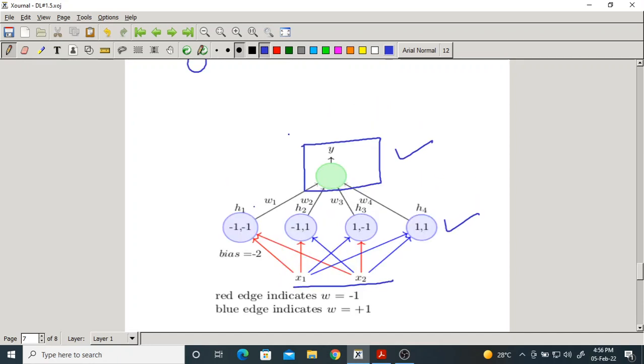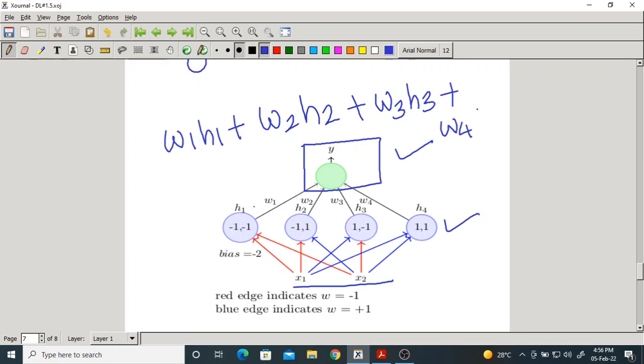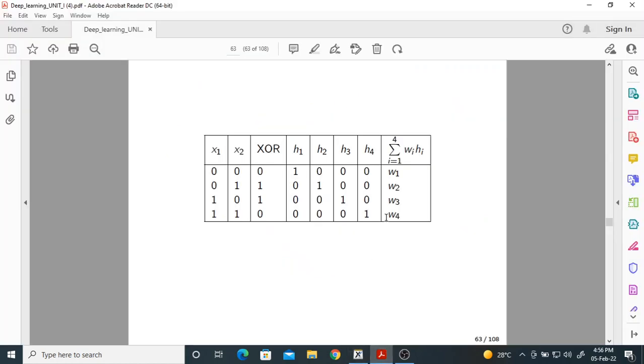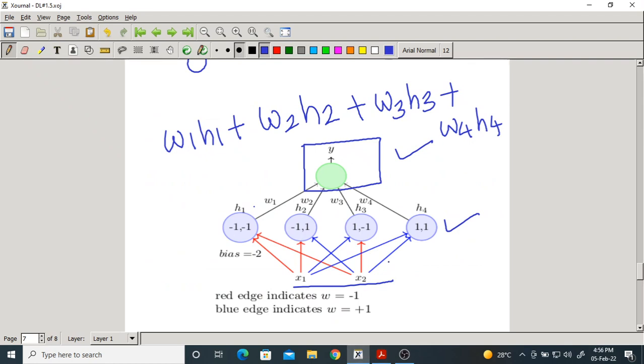So for the output perceptron, the weighted sum is W1 H1 plus W2 H2 plus W3 H3 plus W4 H4. By default, we also take W0 H0, and H0 happens to be 1, so it is simply W0. Now the weighted sum.